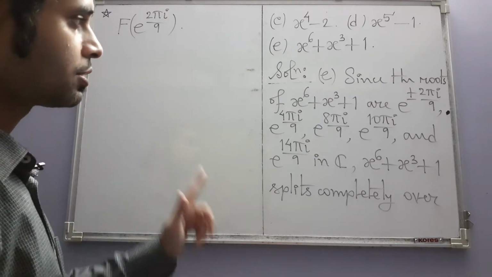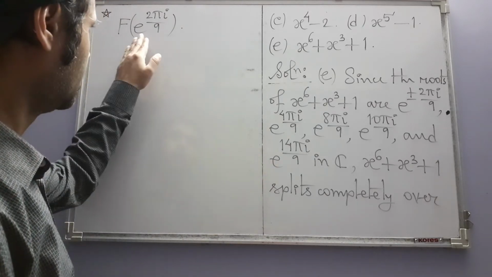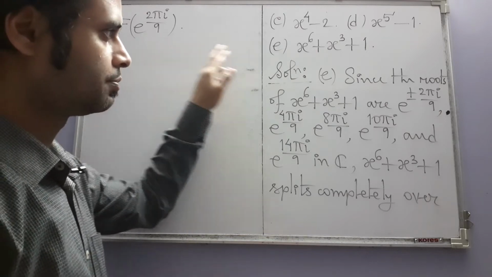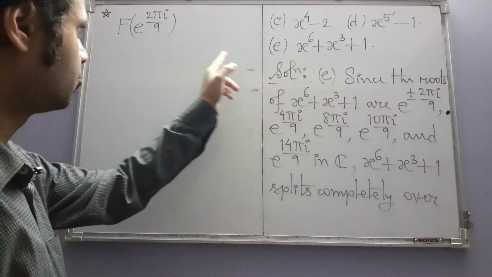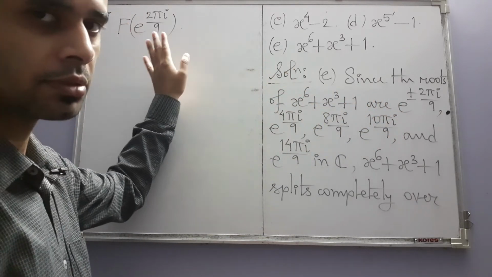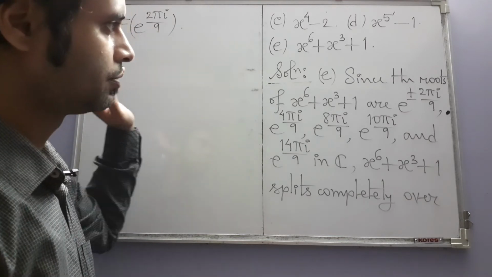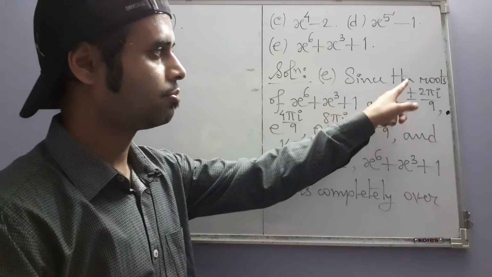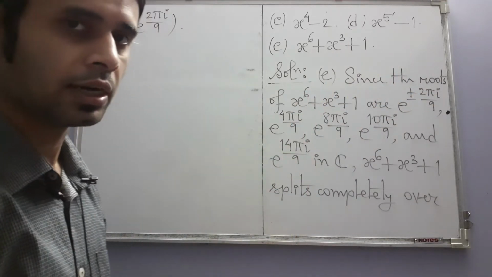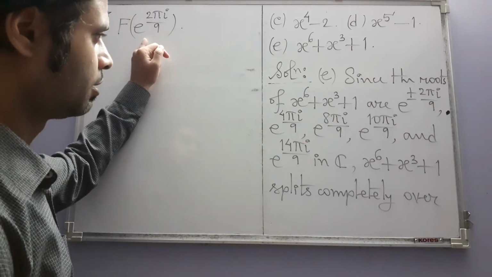Let us first of all see if all the roots really belong to this or not. e to the power 2 pi i divided by 9, that of course is here because that's the thing we are attaching to f to get this extension. Its reciprocal e to the power minus 2 pi i divided by 9 is of course also there.